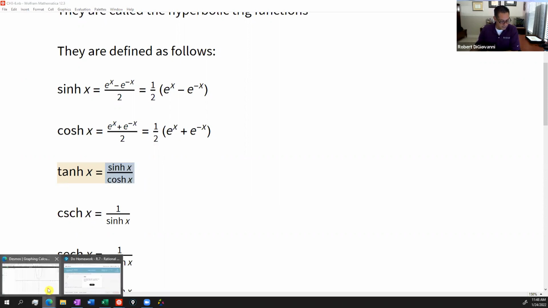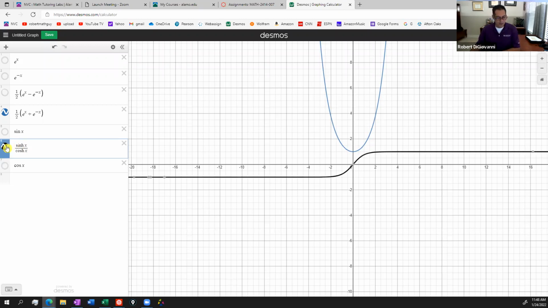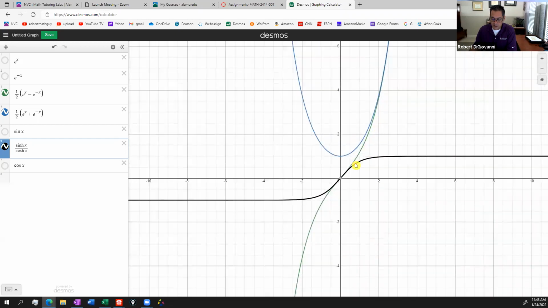That one's going to be interesting. What happens if I take sine hyperbolic and divide by cosine hyperbolic? Let's see it. There it is. Okay, so the green one is sine hyperbolic, the blue one is cosine hyperbolic, the black one is tangent hyperbolic.